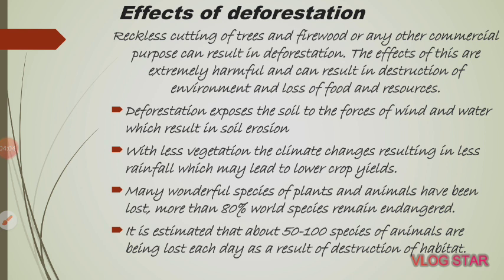You know very well that where there are many trees or a forest, there is a lot of rain. But when you cut the trees, there are fewer rainy areas, and that is harmful for our crops and yield.